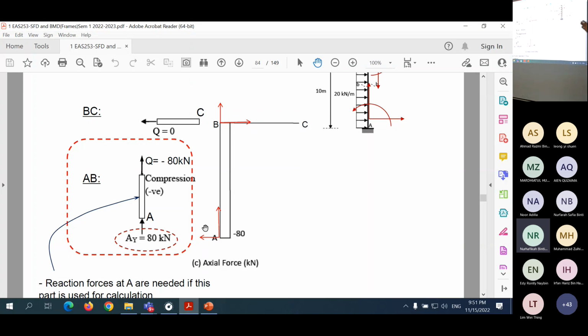In this case, because we did not calculate the reaction forces, we used the other part. If you calculate the reaction force, then you can use the free body diagram as shown there to get Q, and you get the same result. Q is negative 80.